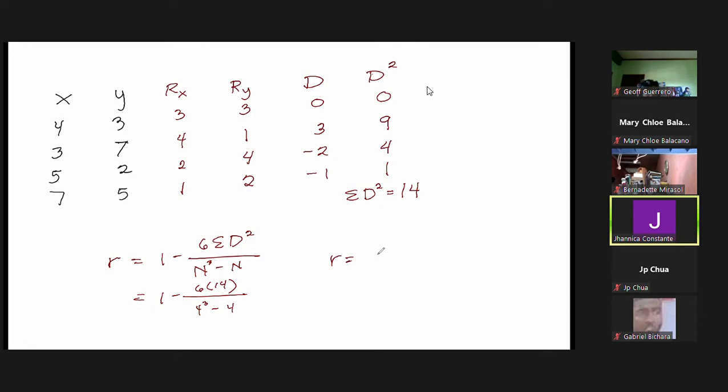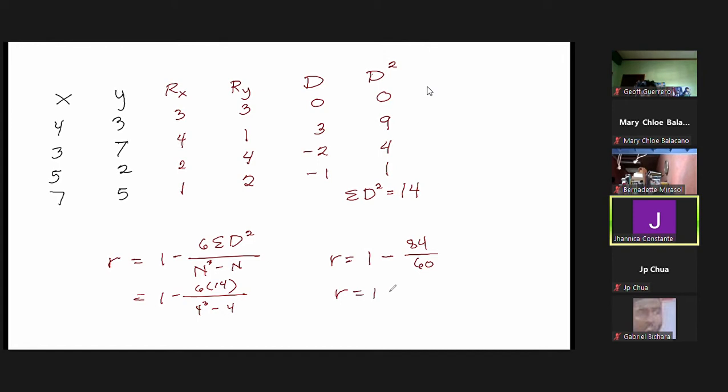So 1 minus, 6 times 14 is equal to 84, divided by 4 cubed minus 4, which is equal to 60.